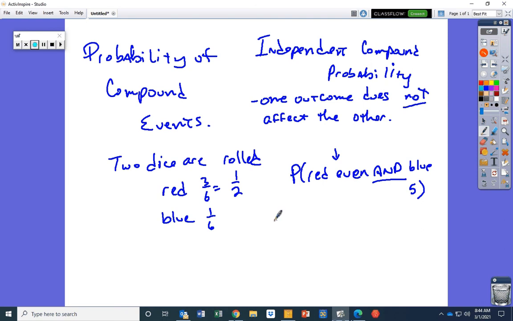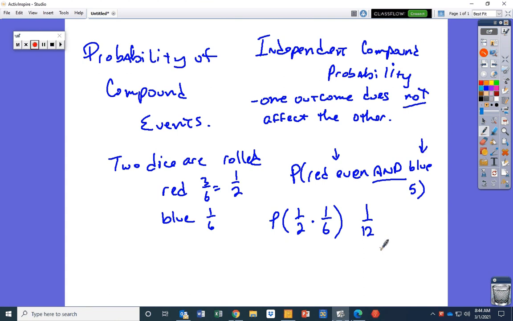So what I'm going to do is take those and replace them. Red even was 1/2. Blue 5 was 1/6. And all I'm going to do is multiply the 2 probabilities together. The 2 ratios. So 1 times 1 would give me what? 2 times 6 would give me 12. So I would have a 1 in 12 chance of this and this happening.